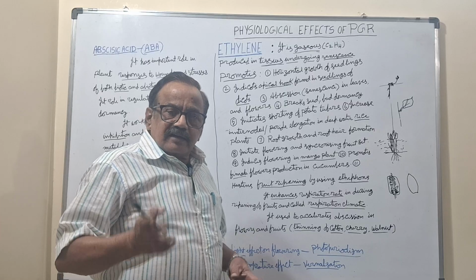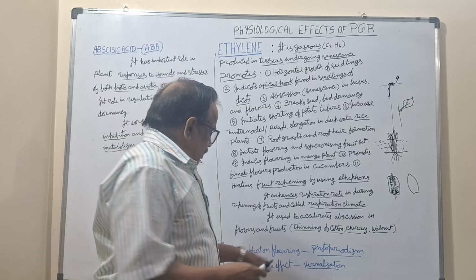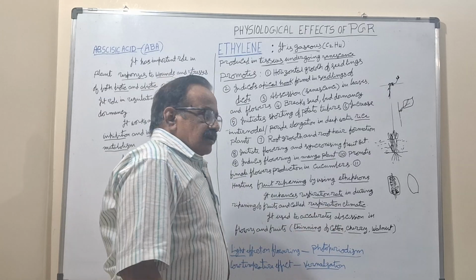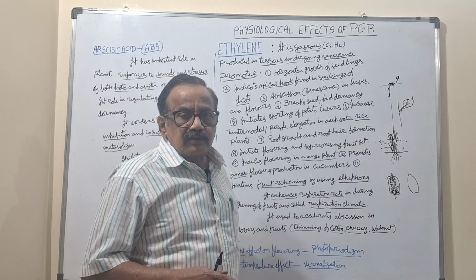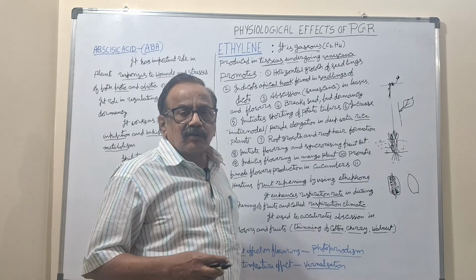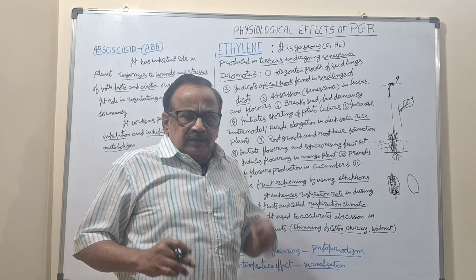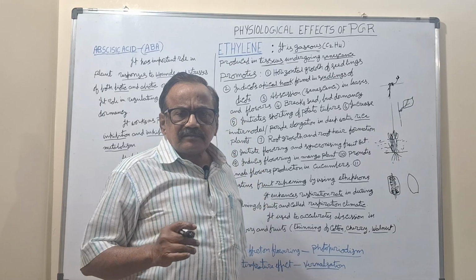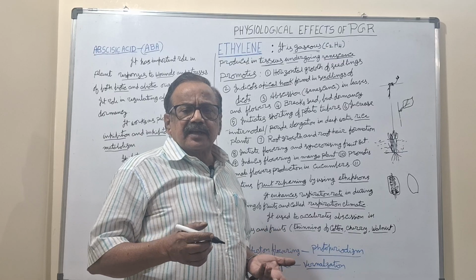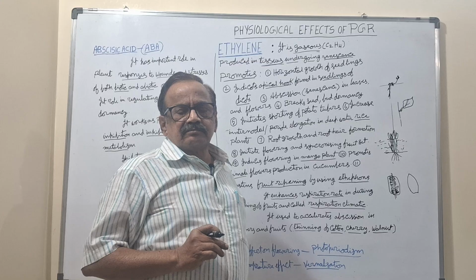It promotes acceleration of abscission. So farmers use this to their advantage. How? If the flowers are too many, thinning is required, because if many flowers are fertilized, they will give many fruits, but the size of the fruits will be small.